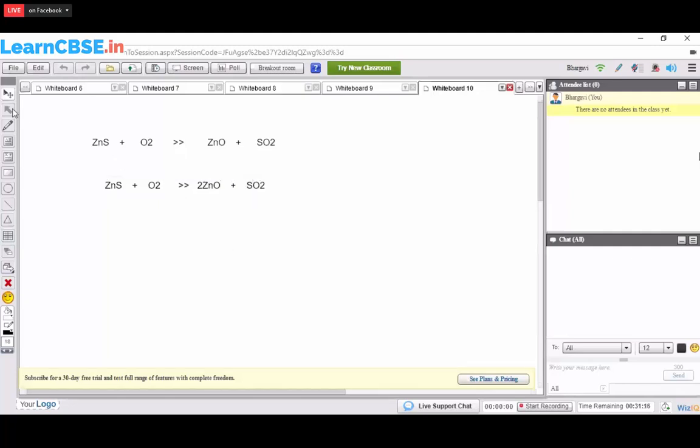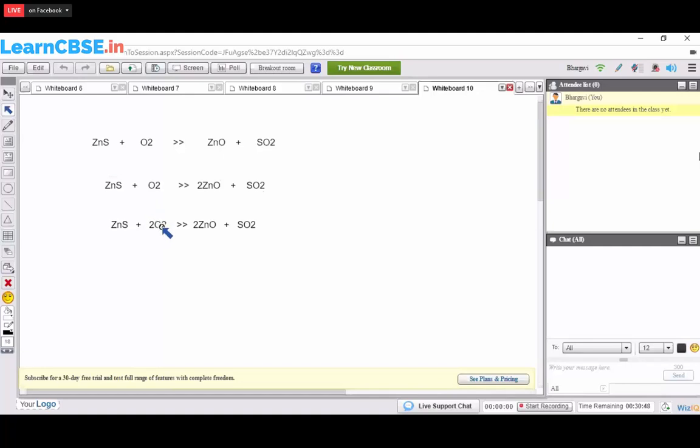Okay. So now it becomes 2 oxygen here and 2 oxygen here. So totally 4 oxygen atoms are present. So we have to place the 2 in front of the oxygen here. Then only it becomes the 4. ZnS plus 2O2, which gives 2ZnO plus SO2.